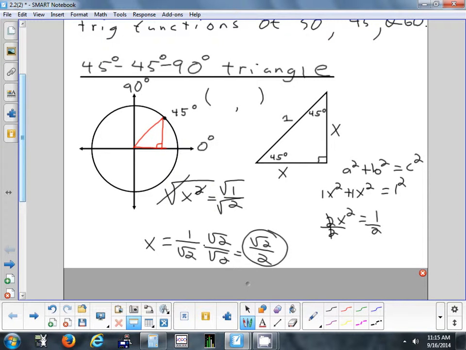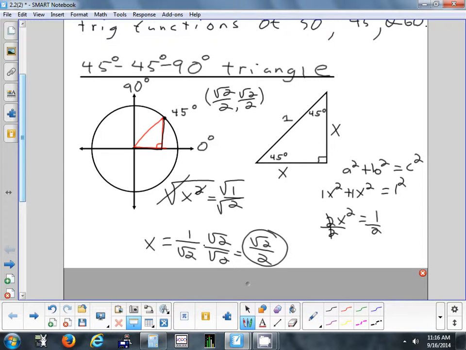So when we have this triangle, we go over square root 2 over 2. That's the x. Okay, and Sam, how high up do we have to go? Square root 2 over 2. Yeah, it's the same as the base. We go up square root 2 over 2. Okay, so that's my coordinate for 45 degrees. Root 2 over 2, comma, root 2 over 2.